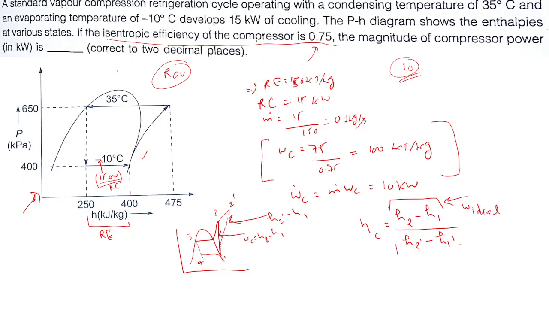And what is this? This is W actual. And here what is given to you, ideal or actual? Ideal is given. In order to find actual, what do you do? Ideal by efficiency of the compressor, right? Getting or not getting? Yes, got it.